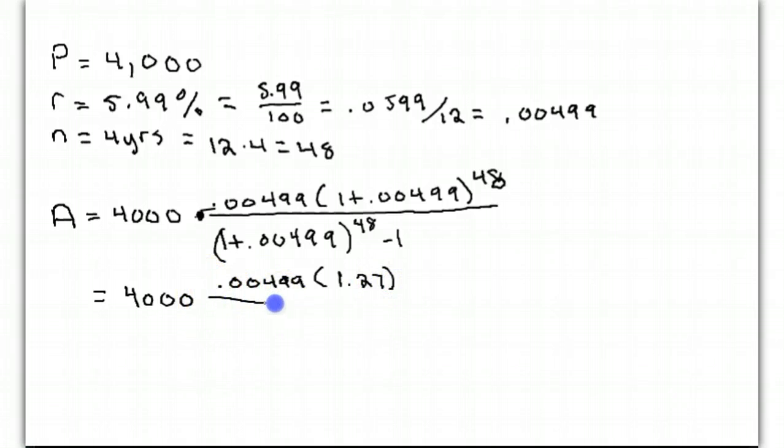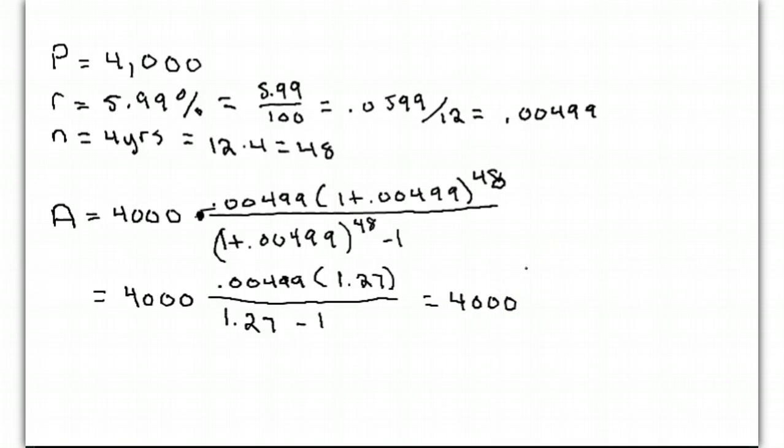So if you know that that piece of information is 1.27, then the bottom part, 1 plus 0.00499 to the 48th power, will also be 1.27. But then you have to subtract 1 because that's what the formula says. So in turn, we're going to have 4,000.